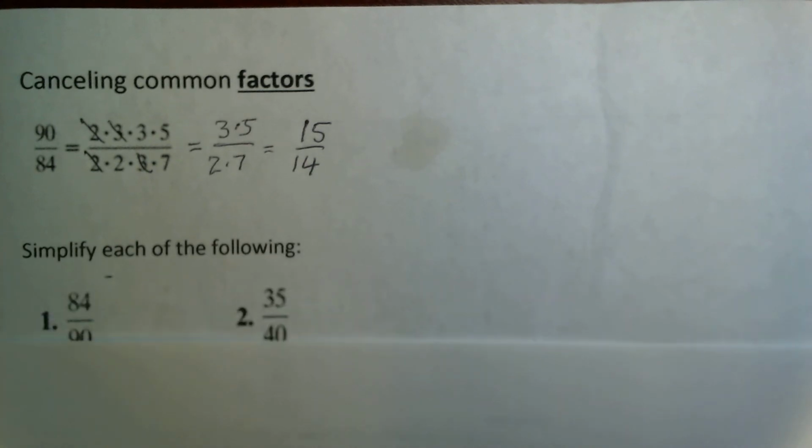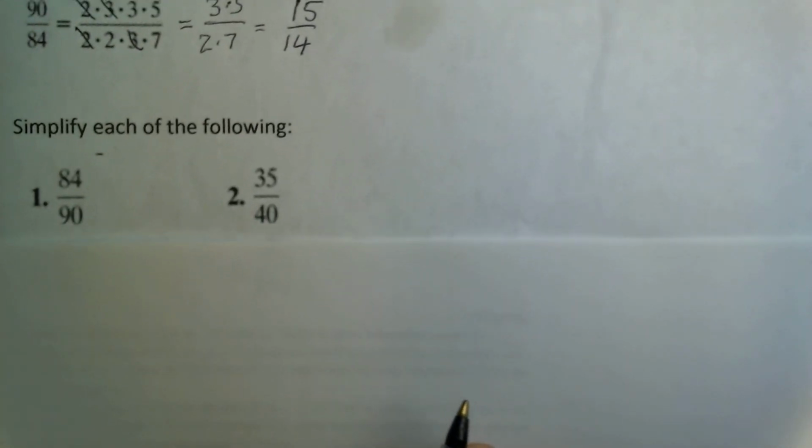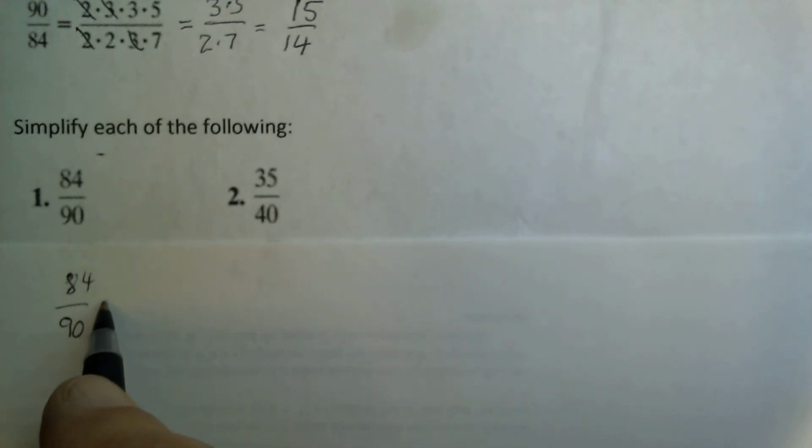So in the same way, we want to simplify fractions like in number 1. So we write the prime factorization for 84 divided by 90. So the prime factorization of 84 is 2 times 2 times 3 times 7, and the prime factorization of 90 is 2 times 3 times 3 times 5.